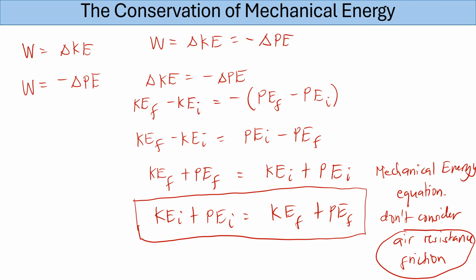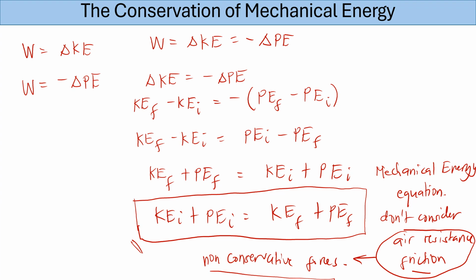These forces, air resistance and friction, are examples of what we call non-conservative forces. Meaning, this equation here is only valid if we don't consider these non-conservative forces, which are air resistance and friction.